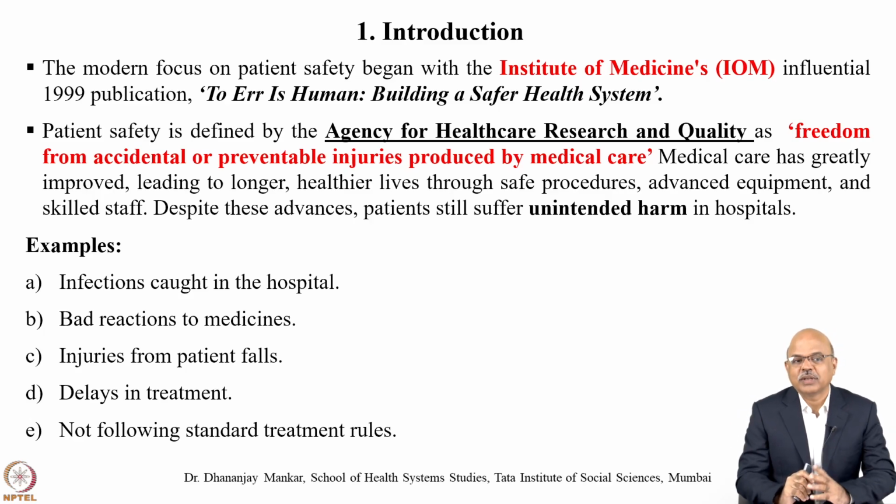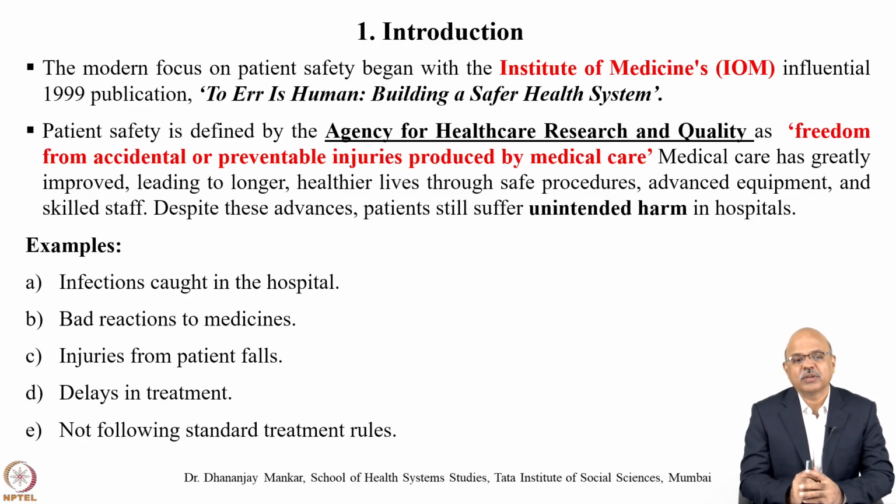We have been witnessing it, leading to longer, healthier lives through safe procedures, advanced equipment, and skilled staff. A long way that we have come. Despite this advancement in medical care, patients still suffer unintended harm in the hospital. They still face so many issues that we need to think about on the part of patient safety.